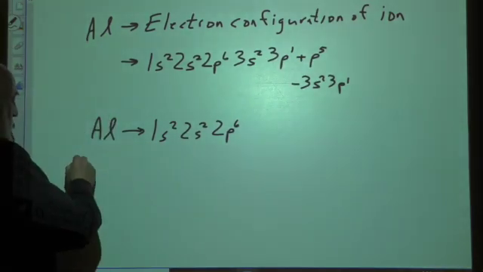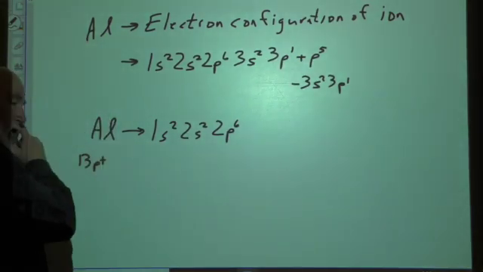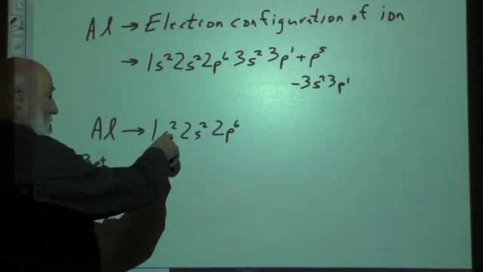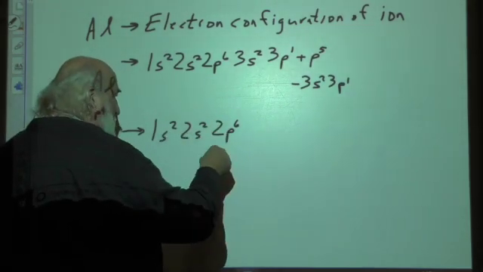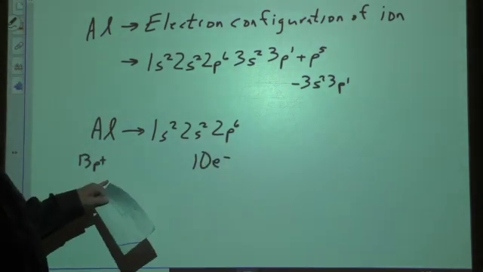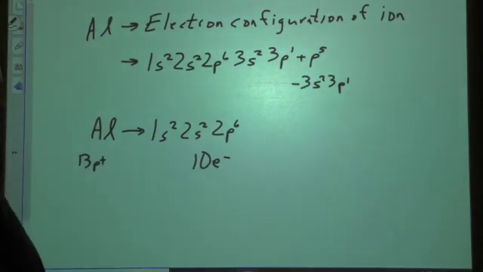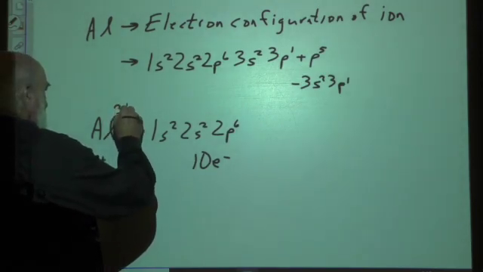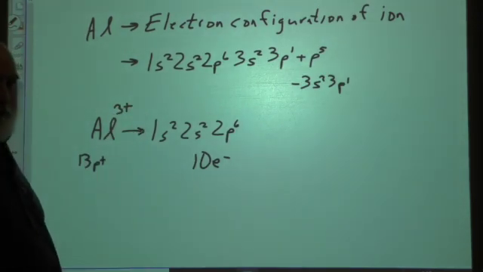Now, aluminum has 13 protons, because it's element number 13. We add these up, 2 plus 2 plus 6 is 10 electrons. So we have 3 more protons than electrons. So the charge for this is going to be positive.